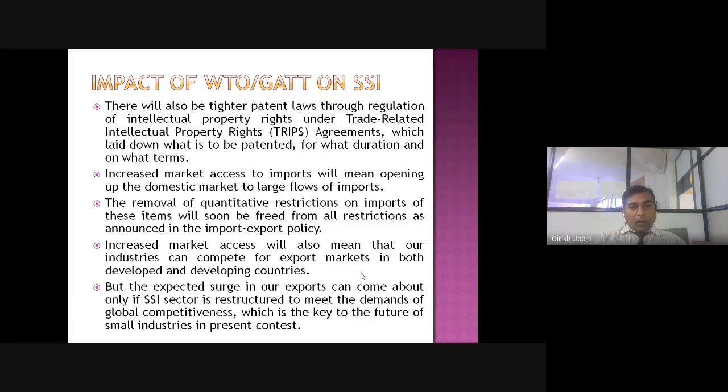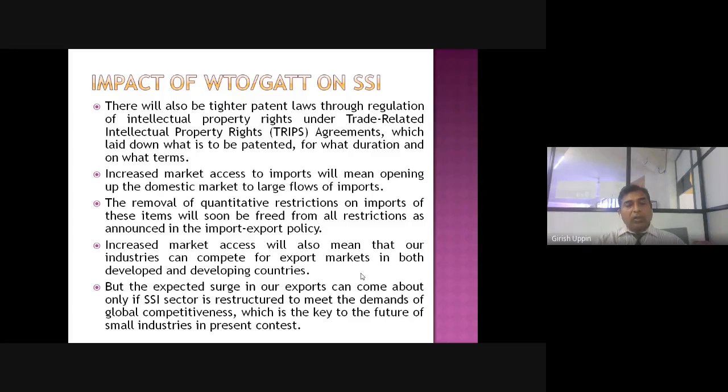So to compete with the global companies, a lot of changes have to be brought in the small scale industry. It has to be restructured so that it will become competitive, right? Whether in terms of quality or in terms of market access, the whole small scale industry needs to be restructured.